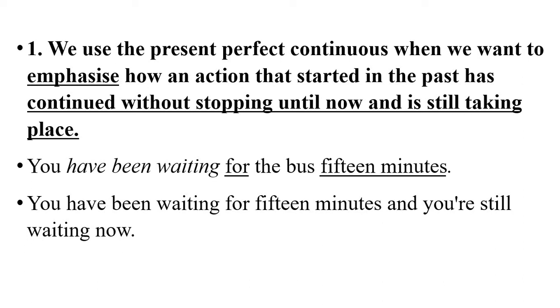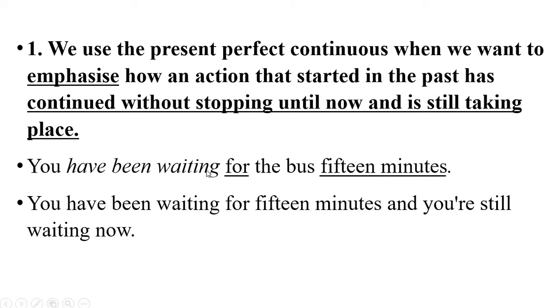There was an exaggeration of duration in that action. So we want to emphasize an action that started in the past, a point in the past. I don't know exactly, because we know that the perfect is not definite, whether it is simple or continuous. But it continued without stopping until now, and it is still taking place at the time I'm speaking with you.